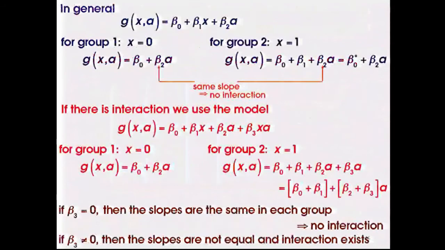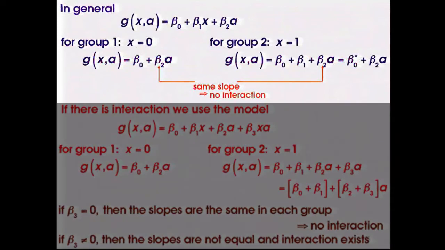Okay? So in general, we have the logit, let's say this is the risk factor and age. The logit is beta naught plus beta 1 times x plus beta 2 times age. That's the model. This model assumes the lines are parallel. So for group 1, that is for people with x equals 0, the logit is beta naught plus 0 plus beta 2 times age.